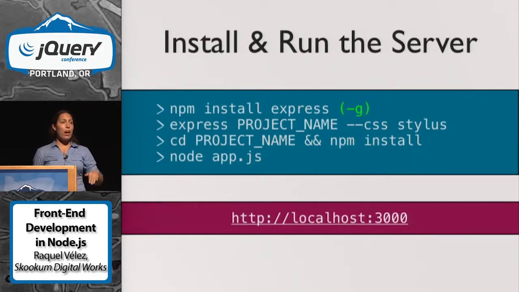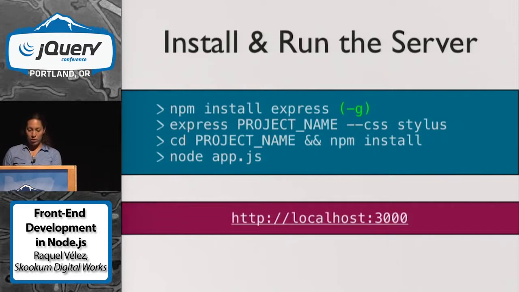And then you go into your project name, and then you use npm to install all of the dependencies of that app. So you have this file called package.json that basically has all of those customizable modules that I was saying before, and you use that file to add more. And then you basically just run npm install, and bam, you've got everything installed. It'll connect to the server and grab everything for you. And then you use node app.js. And then it'll basically say, hey, take a look at localhost. And that's what you would do.